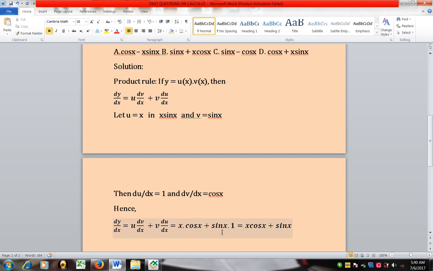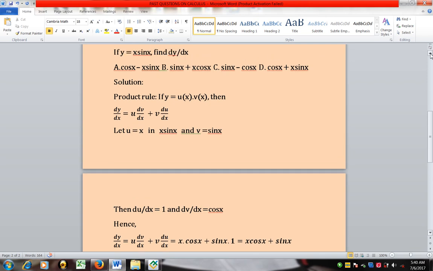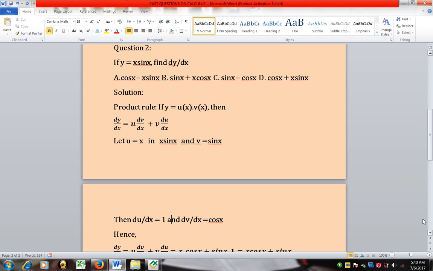Our v is sine x, times du/dx, which is 1. So we have x cos x plus sine x. So that is option D, which is sine x plus x cos x. That is our dy/dx for the function.